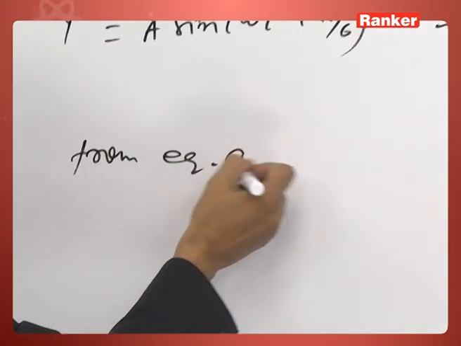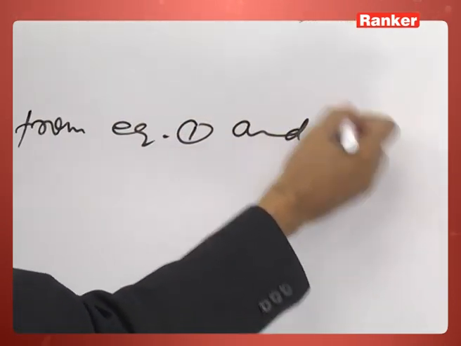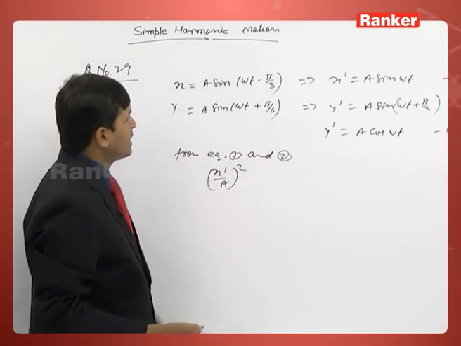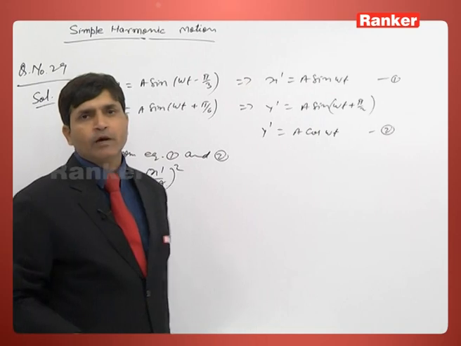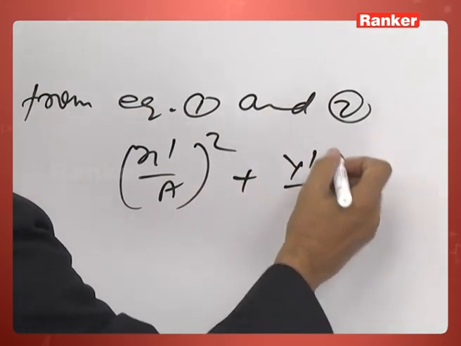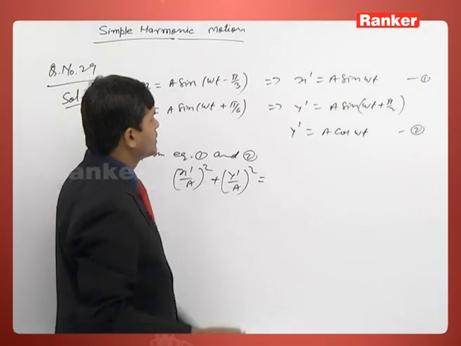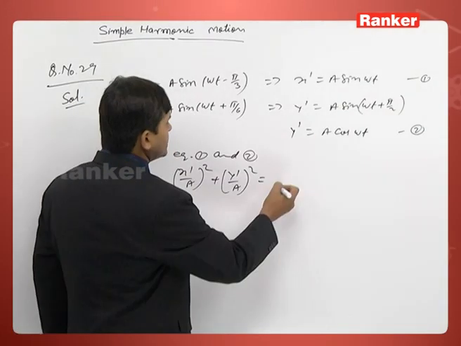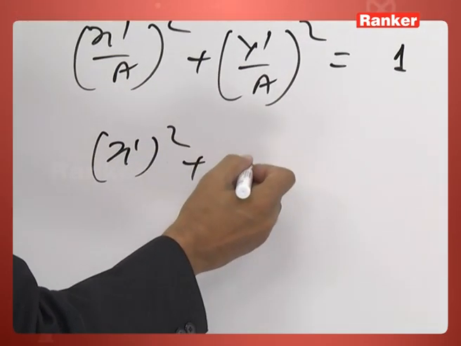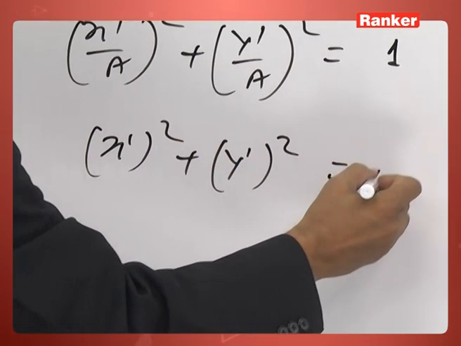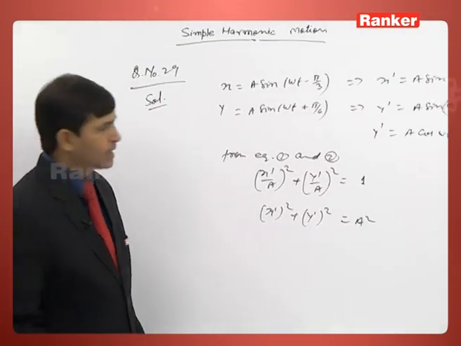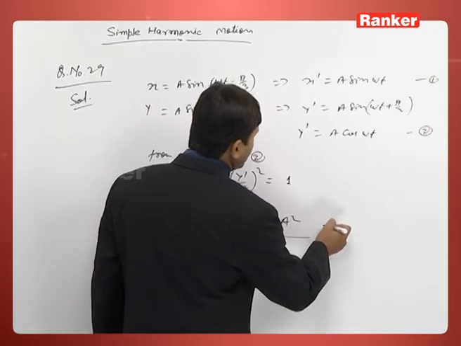From equations 1 and 2, x dash by a square means sin square omega t, plus y dash by a square, which is cos square omega t, that should be 1. So x dash square plus y dash square is equal to a square, and this is the equation of a circle.